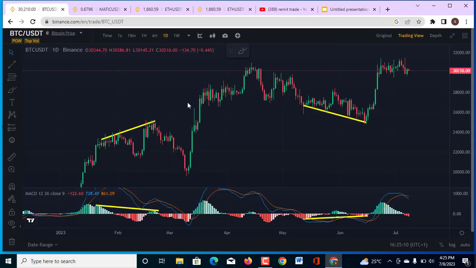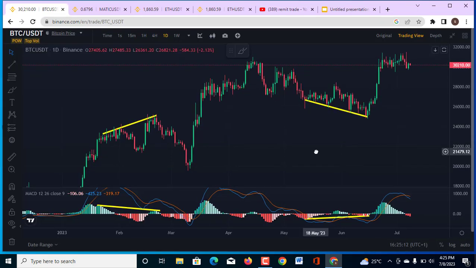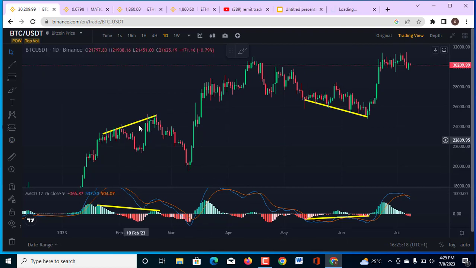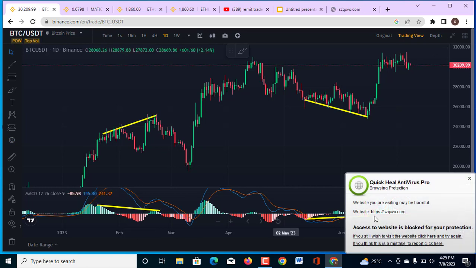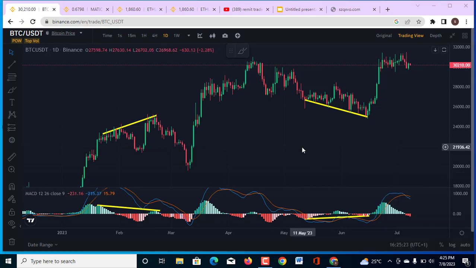If you are very new to divergence, divergence means opposite direction when you draw a trend line on the chart, that is a price action, and on the MACD indicator. There are other indicators that you can use to trade divergence, for example the stochastic RSI and the RSI indicator.